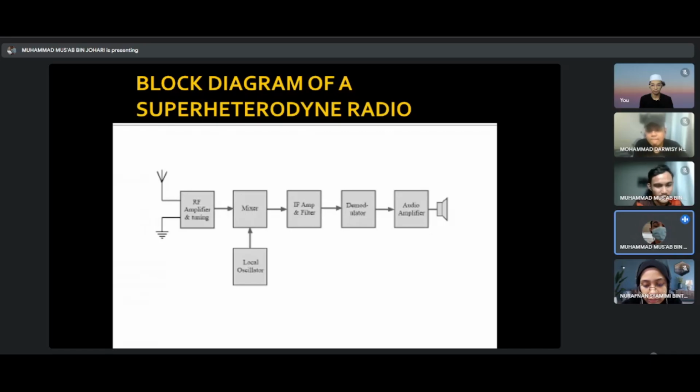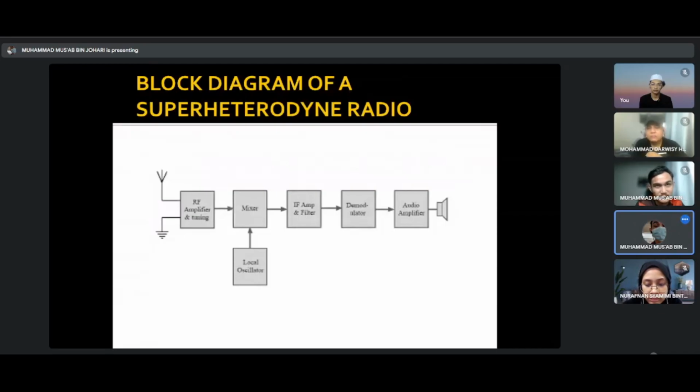And second, we have a radio frequency amplifier. The radio frequency amplifier is to select or tune the desired frequency.